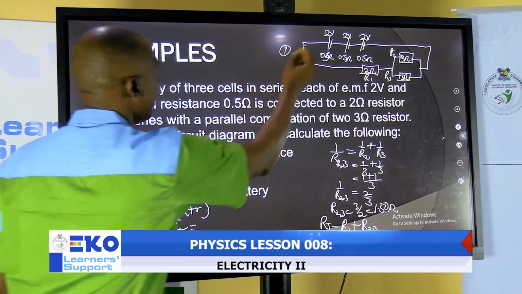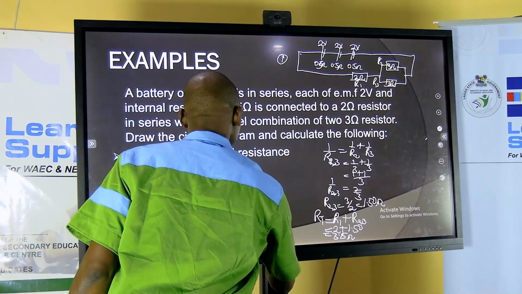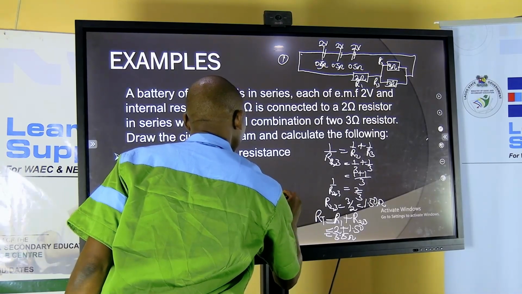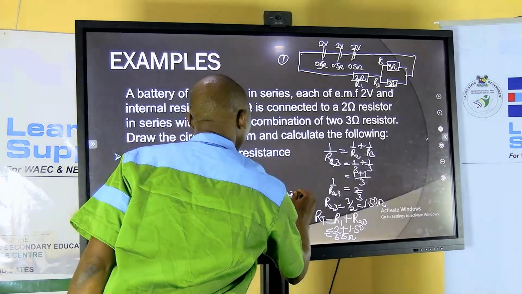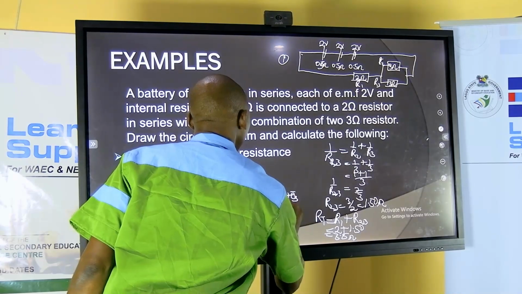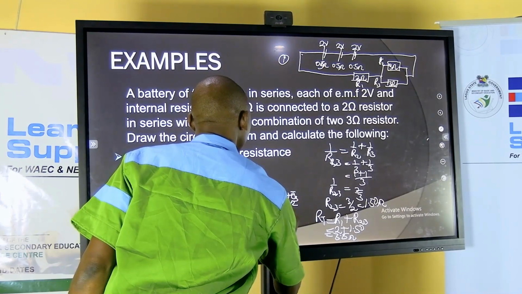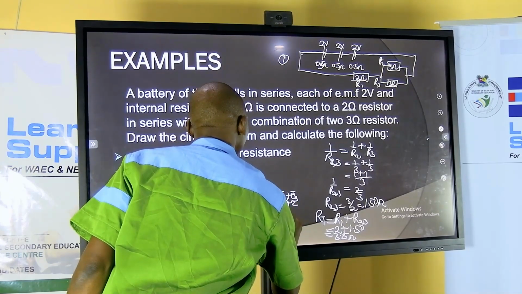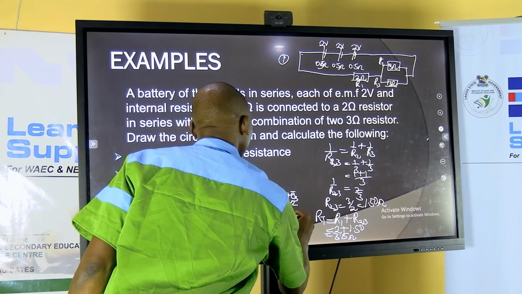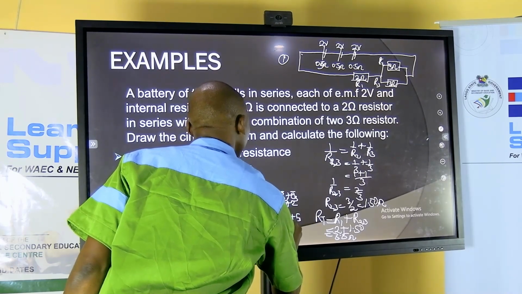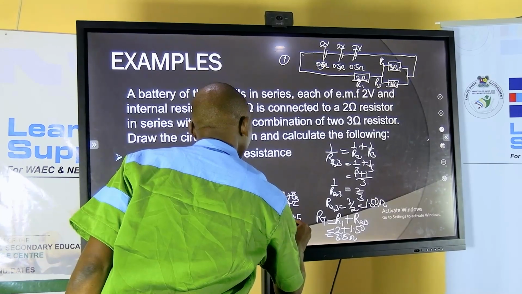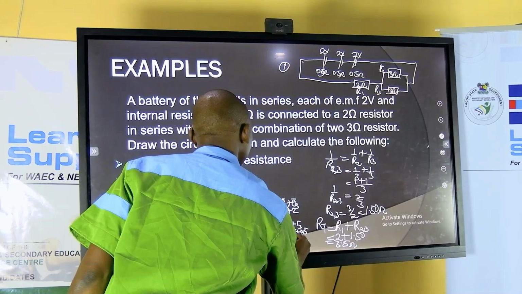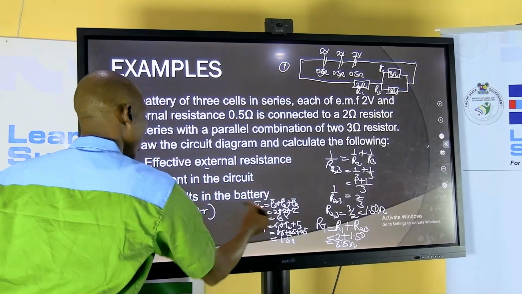And what is my total EMF? Because they are in series, E1 plus E2 plus E3, which is 2 plus 2 plus 2, 6 volts. My total internal resistance equals r1 plus r2 plus r3, which is 0.5 plus 0.5 plus 0.5, and that is 1.5 ohms.